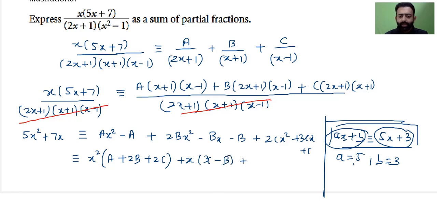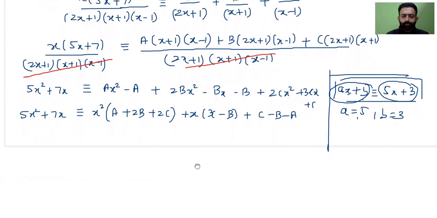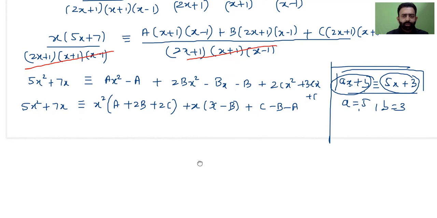And lastly combining all the constants, which are minus a, minus b, and plus c. So c minus b minus a, right? And in LHS I have 5x square plus 7x. Combining the coefficient of x square, x, and some constants.